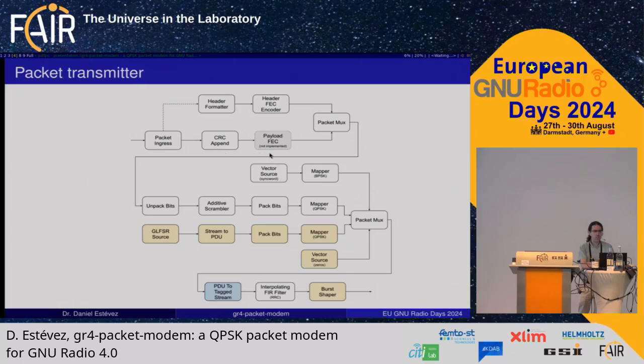You have the CRC. You might have the payload FEC. So this is not implemented, but if you implement it, you should put it here. Then there is this packet mux, which is concatenating header and payload. You unpack. There is this scrambler. I didn't mention it, but in any kind of modem, you should have scrambling.